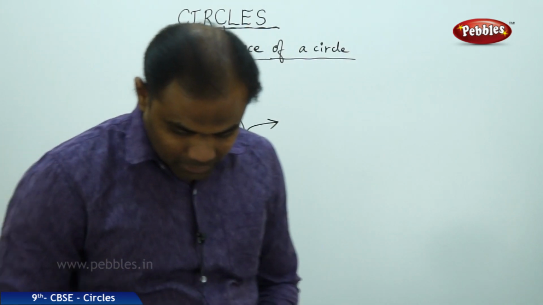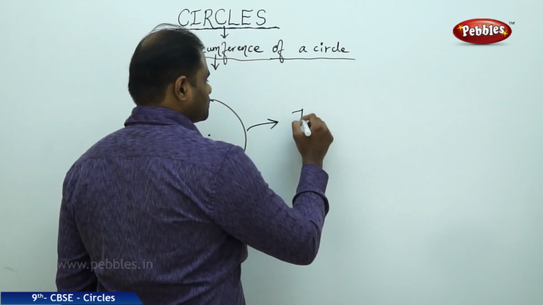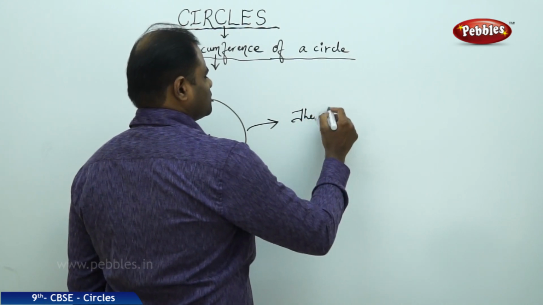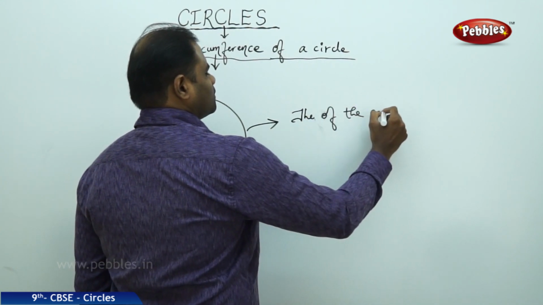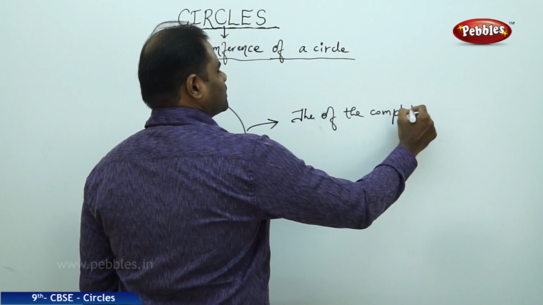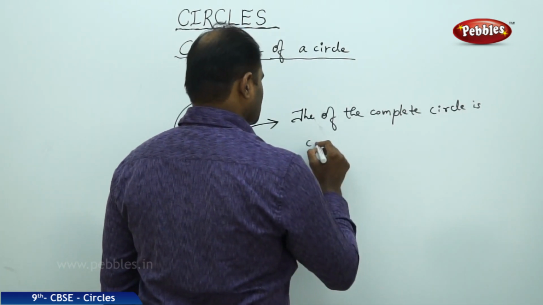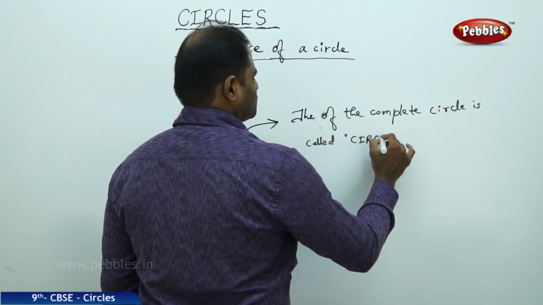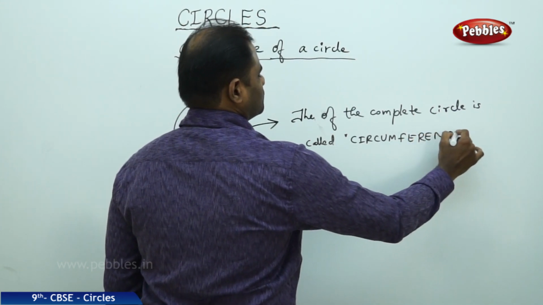So here we define the circumference to be the length of the complete circle is called circumference.